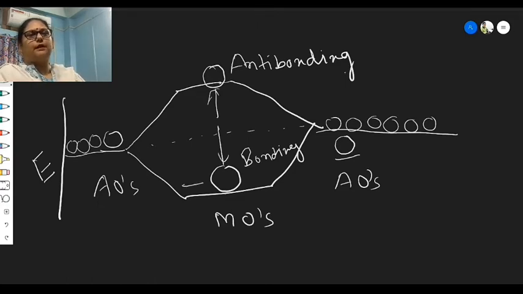When they combine and form molecular orbitals, we get many molecular orbitals with closely spaced energy values, and these will form a continuous band.